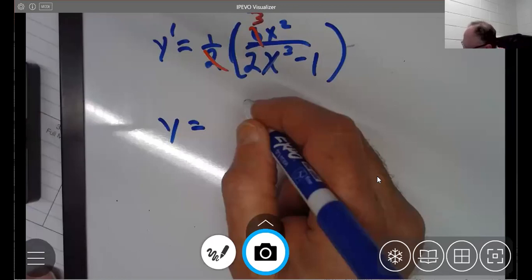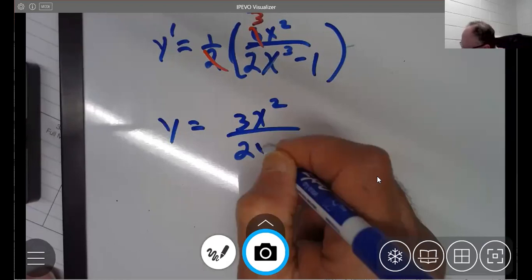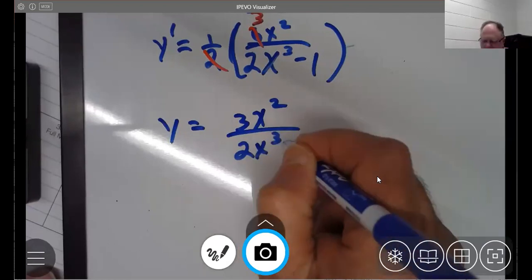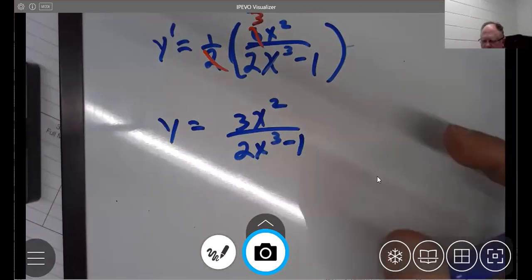So this will be 3x squared over 2x cubed minus 1. All right. Any questions with that?